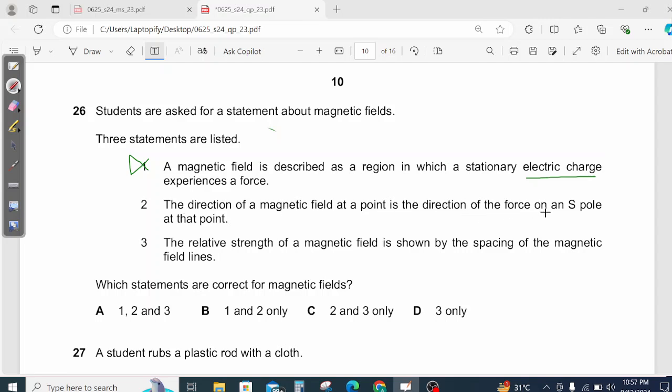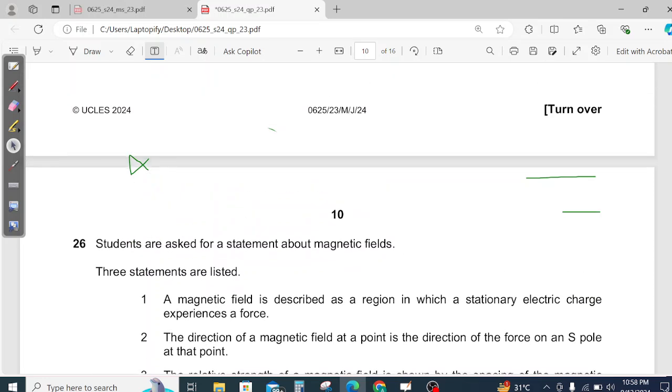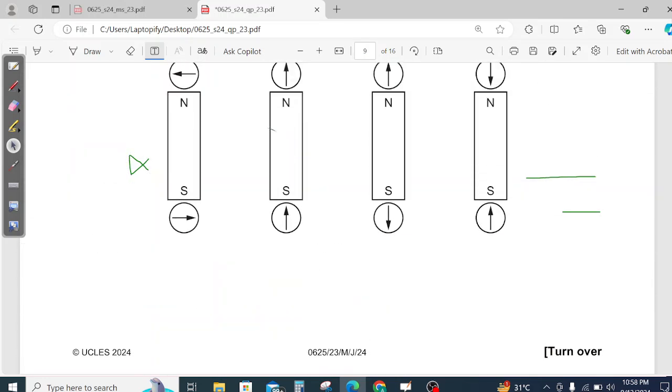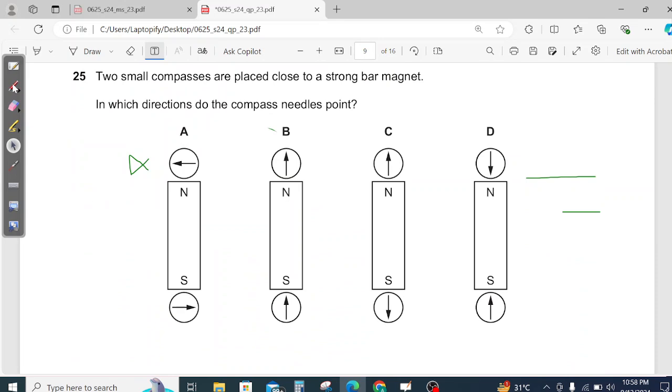the direction of the force. Oh no, the direction of the force on the S pole, as we have explained. When I show you, then you can easily understand it. Look at the above question. I have mentioned that north always repels the north.